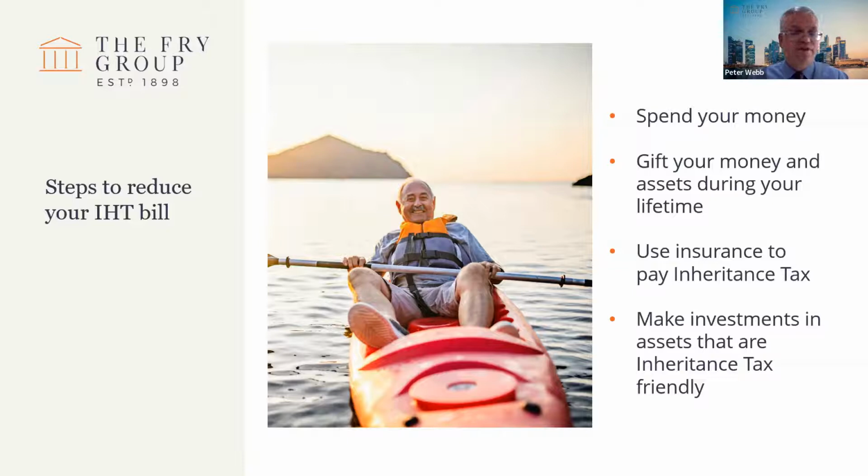Now, the property must have been owned and occupied for those agricultural purposes immediately before its transfer, so immediately before you pass away, for 2 years, if it's actually occupied by you. But if it's not occupied by you, you need to own it for 7 years before you pass away in order to get that inheritance tax exemption.